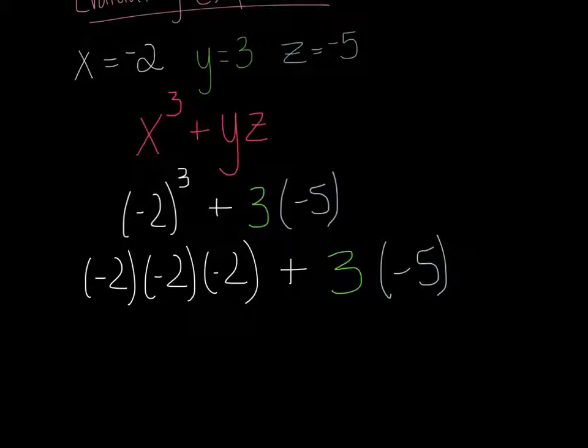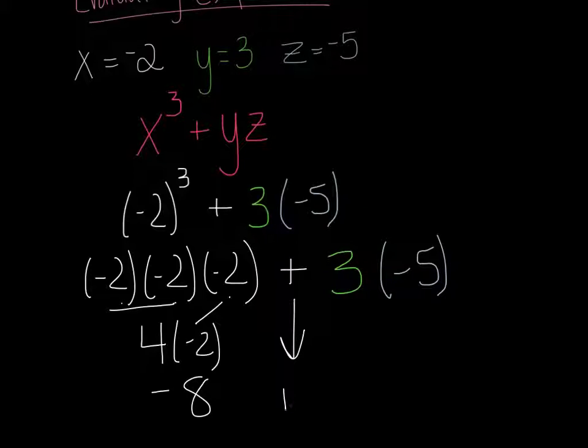Okay, so let's just kind of break this down into pieces here. -2 times -2 is a +4. And then +4 times a -2 is a -8. Okay, so -2 times -2 times -2 is -8. Then I'm just going to bring the rest of this down. -8 plus, and I can go ahead and simplify this piece right away. 3 times -5 is -15.